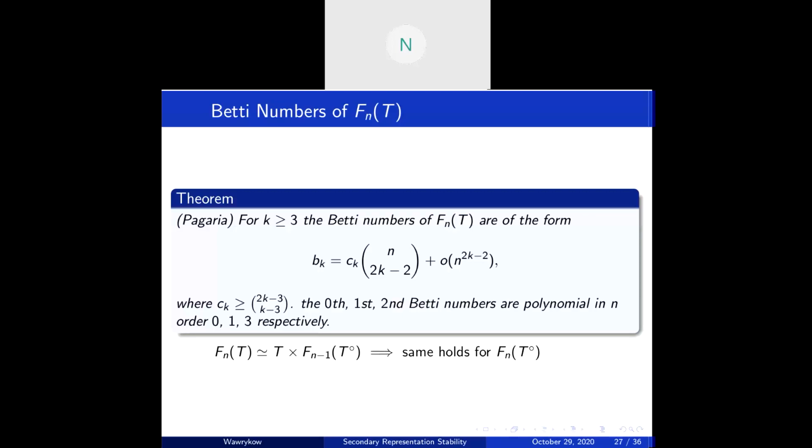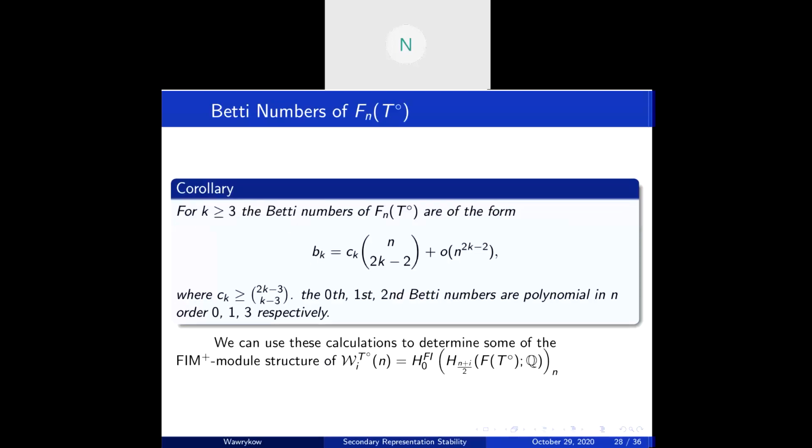So we can use Pagaria's theorem to leverage another result, namely that the exact same thing is going to hold for the once-punctured torus. So again, the Betti numbers of the ordered configuration space of the once-punctured torus are going to be polynomial in the number of points of order 2k minus 2, as long as k is greater than 3.